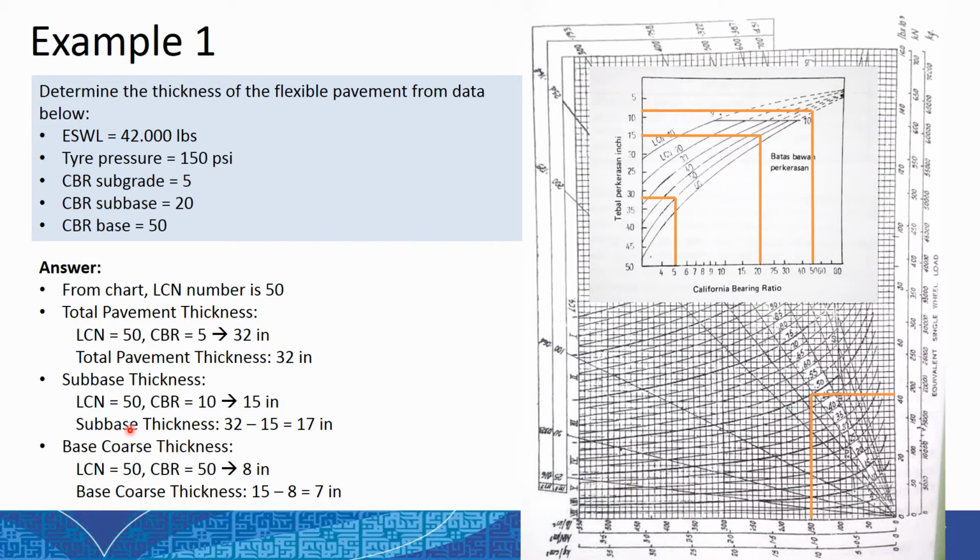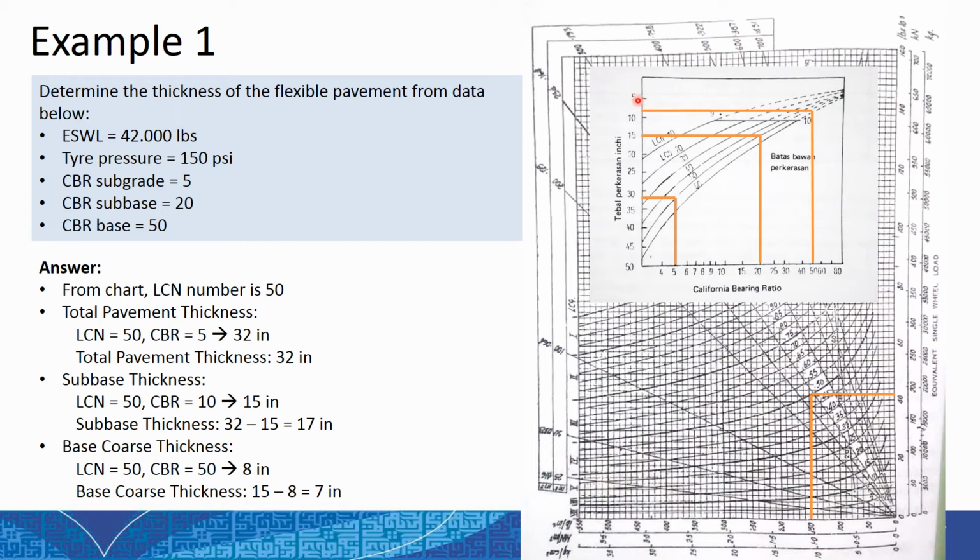So for the subbase thickness, we have to subtract this from the total pavement thickness. And then let's calculate the base course thickness for LCN 50 and CBR 50, the CBR of the base. We plot 50, project it vertically until we meet the curve for LCN 50, and then project it horizontally until we meet this.